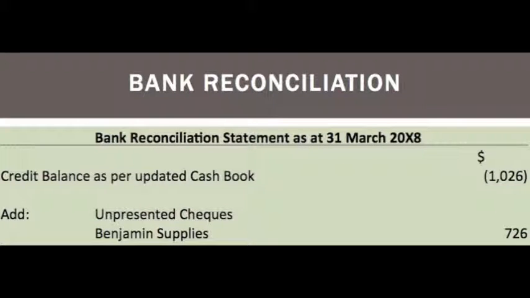Because the bank does not know about the existence of this withdrawal, they would not have included this $726. So we have to take the perspective of the bank. We have to add back all the unpresented checks. Therefore, we add $726 for Benjamin Supplies.